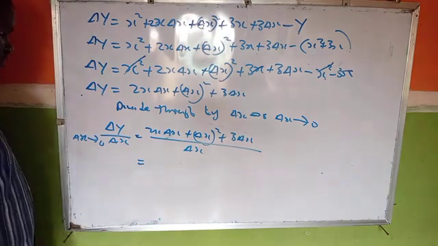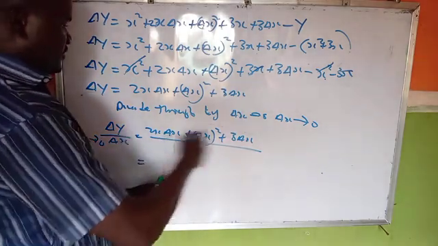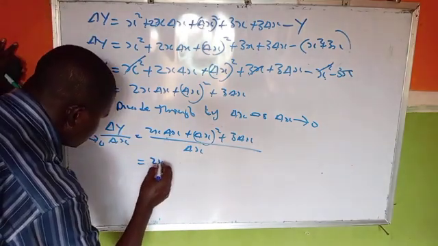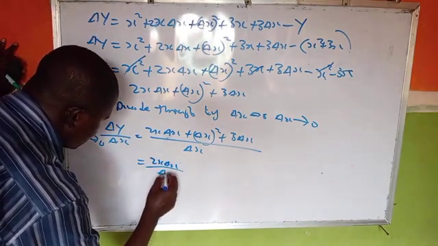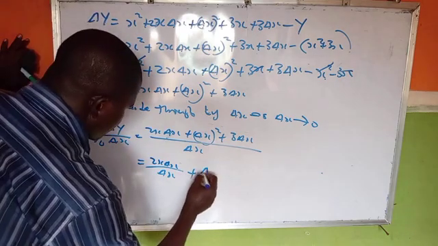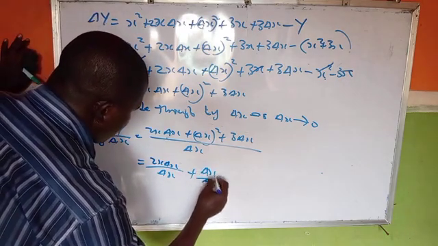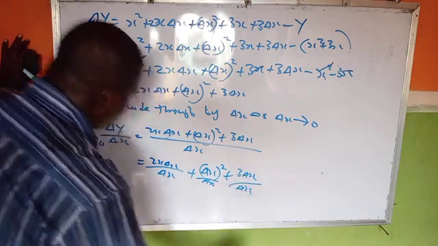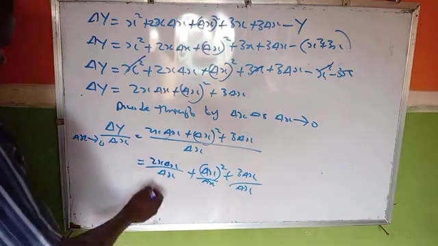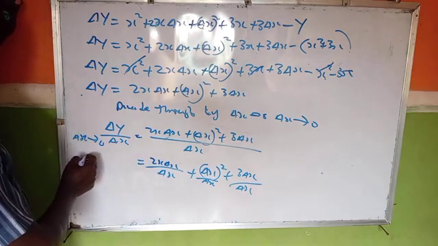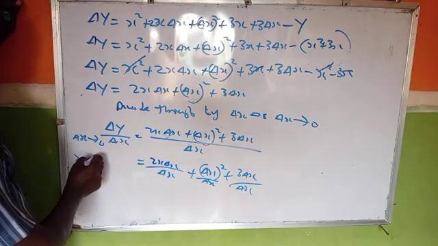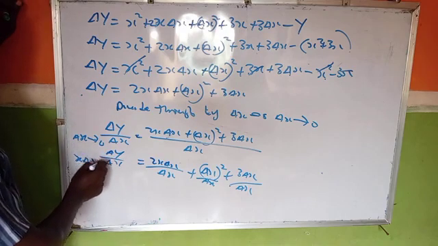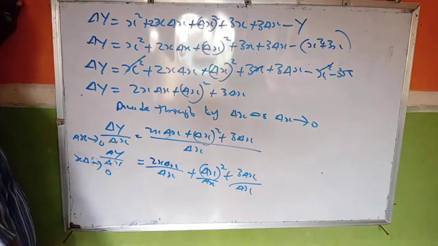You can divide each term: 2x change in x over change in x, plus change in x squared over change in x, plus 3 change in x over change in x. So you have delta y over delta x as delta x tends to 0.